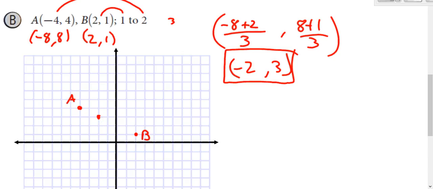You can see that if you were to draw that line segment from A to B, that point C is on the line, and it splits it. If you were to find the length from A to this point, we'll call it C, that length would have the ratio of 1 to 2. The length of BC will be twice as long as the length of AC.